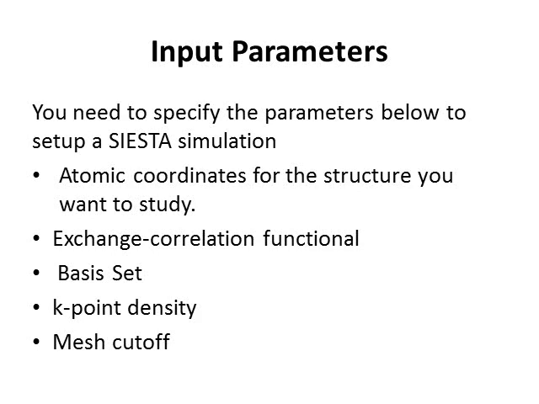You can also try to find the atomic coordinates from literature or experiment. Exchange correlation functional, basis set, k-point density, and mesh cutoff, you need to optimize before you run any SIESTA simulations. So in the next slide, I will explain how to optimize those 4 parameters.